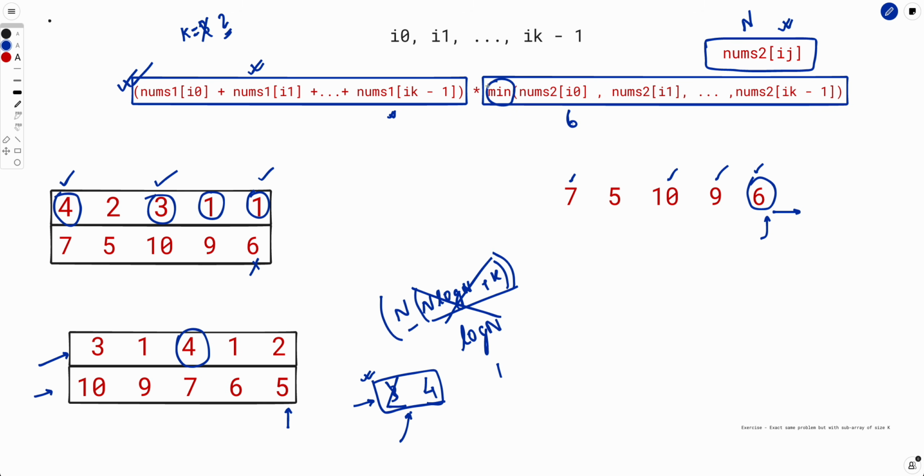So let's just take this as a starting point, and we will see, given a particular value of the right side of the expression, can we determine the value of the left hand side of the expression efficiently? So that's where we got to know that if we are taking a value x as the value of this right side expression, we can take anything which is greater than x.